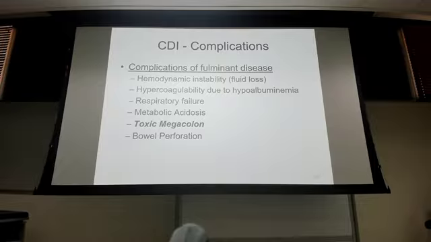Multi-system shutdown. High mortality rates with anything on that slide, right? Once we get to respiratory failure, metabolic acidosis, toxic megacolon, or bowel perforation, complications from CDI, we're now in high mortality zone.